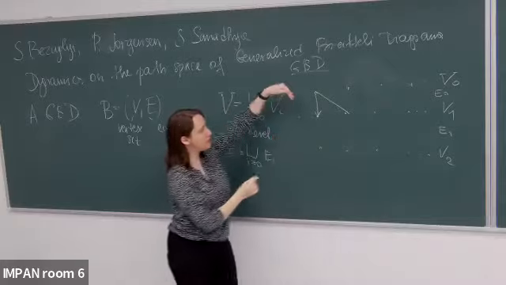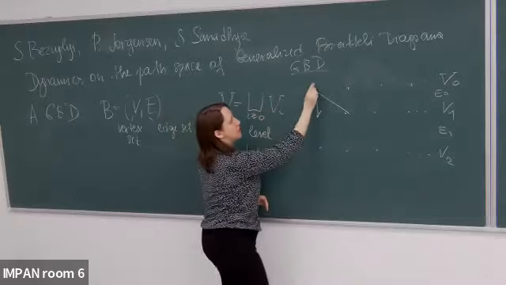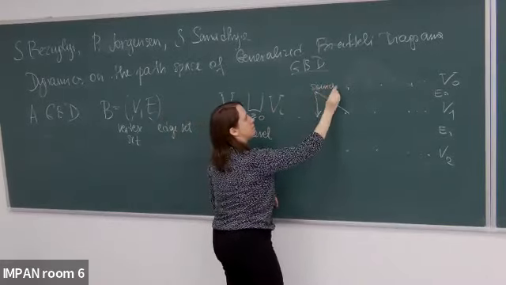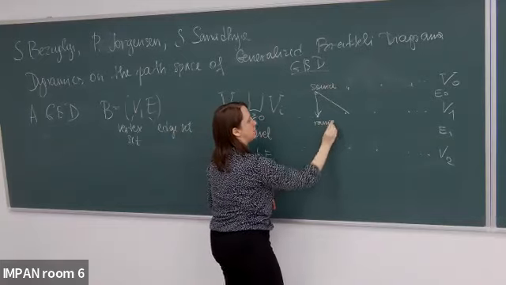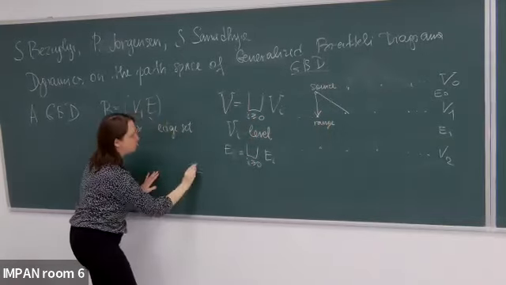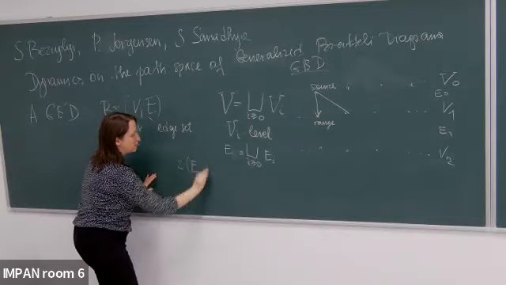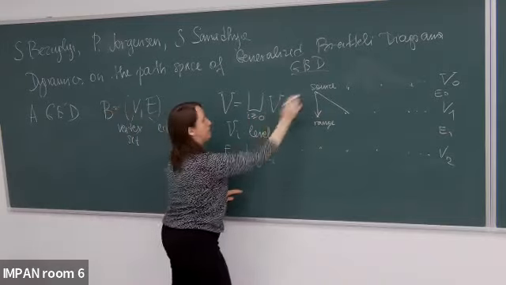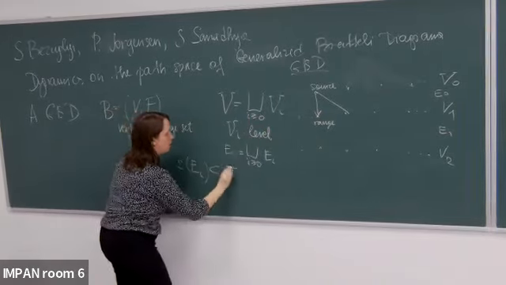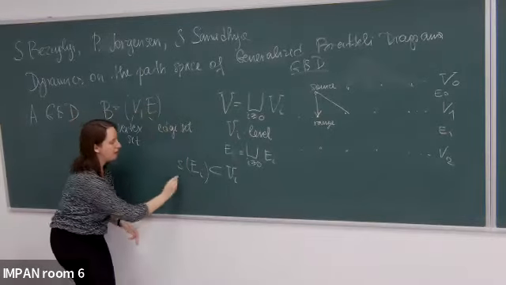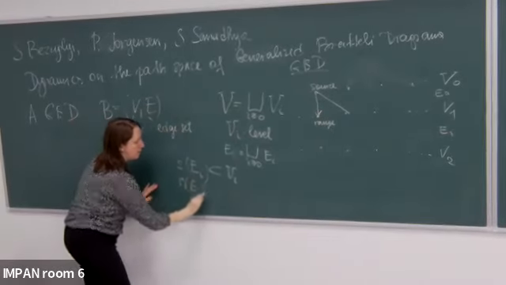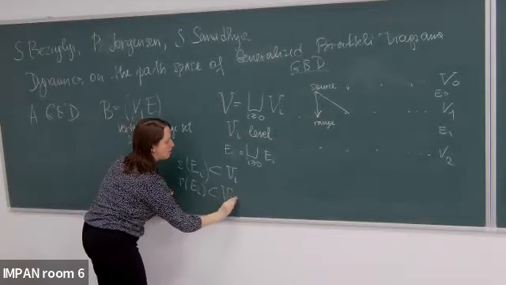Each edge is directed downwards, so it has a source and a range. For the edges from E_i, the sources belong to vertices V_i, and the ranges belong to V_{i+1}.